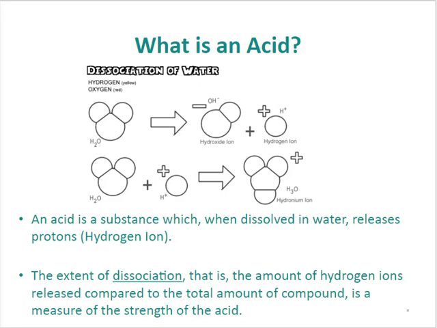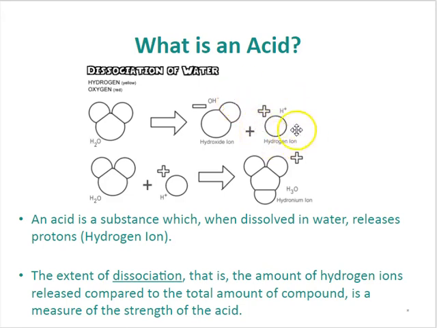So what happens is if we have water, we know that water over time can dissociate. It doesn't happen to every water molecule, but some of these water molecules separate apart. And what's left over is this hydroxide ion, so an oxygen and a hydrogen ion bonded together, and what's released is a hydrogen ion, an H plus ion, which is nothing more than a proton.